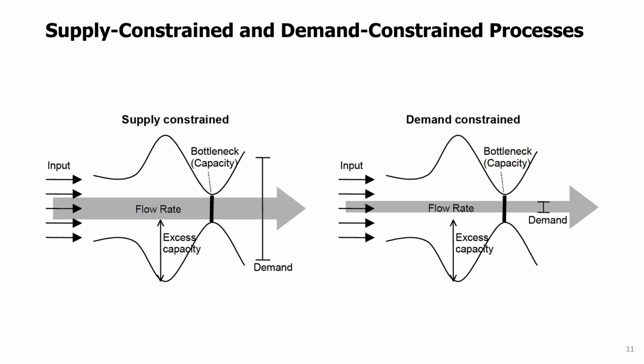To understand this better, here is a picture that shows visually what we mean by a bottleneck. Here, the distance from this point to this point is visually trying to show you the capacity of one of the process steps. So here we have much more capacity, here we have a bit less capacity, here we have the smallest capacity.